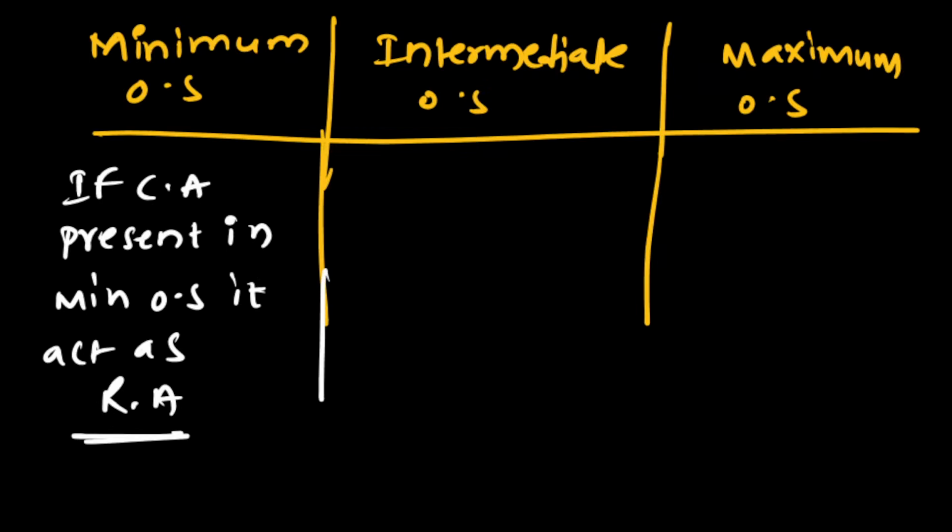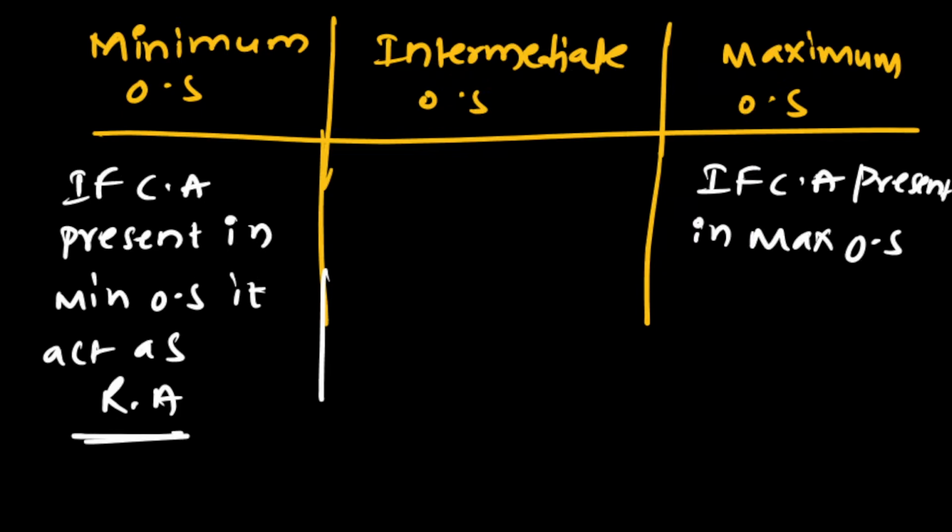If a central atom is present in the maximum oxidation state, it acts as an oxidizing agent, meaning it can readily take the electron, but it will not lose the electron.